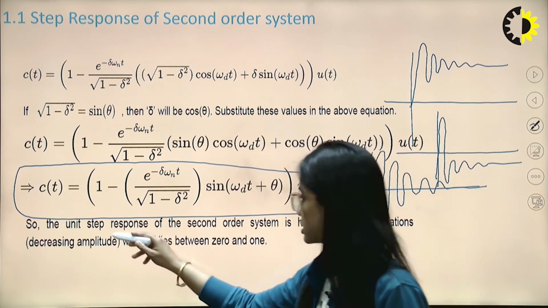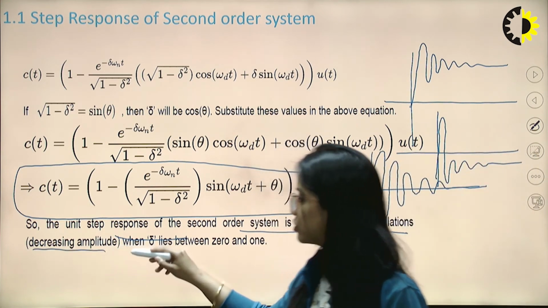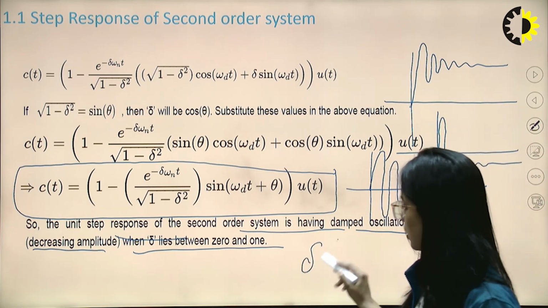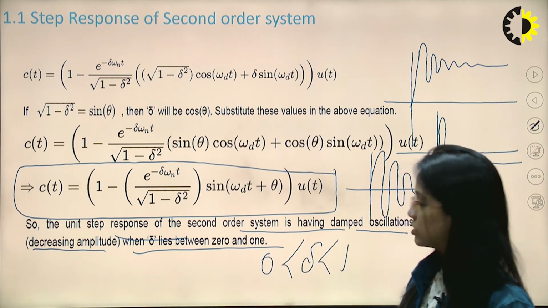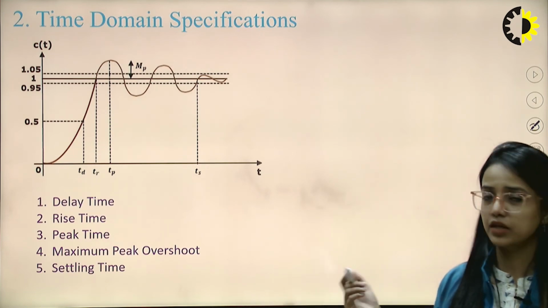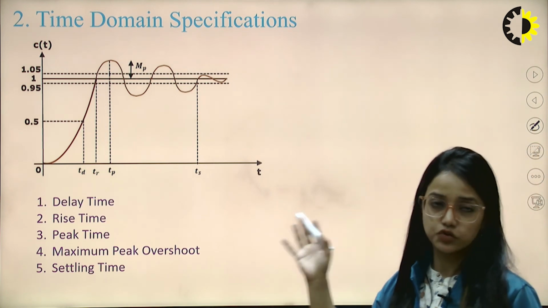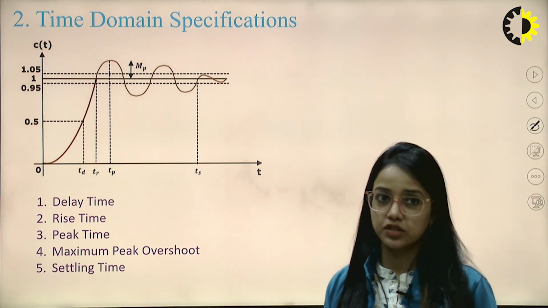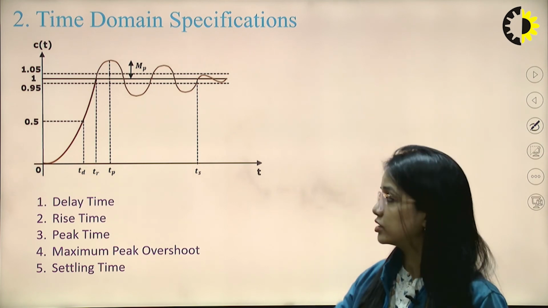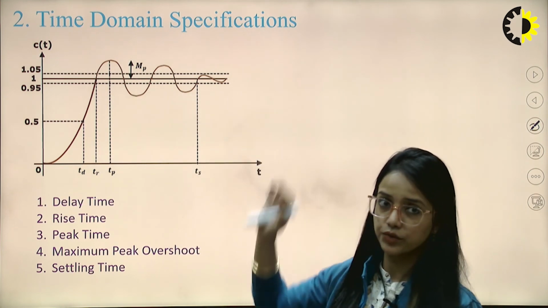So the unit step response of a second order system having damped oscillation, that is decreasing amplitude, occurs when zeta lies between 0 and 1. So this is case 3, when we have the value of zeta between 0 and 1. This is the first example and the first type of diagram which we are studying. Of course, in damped oscillation we can see amplitude is also changing, and frequency is also changing.